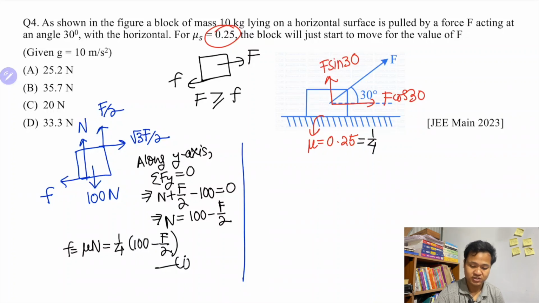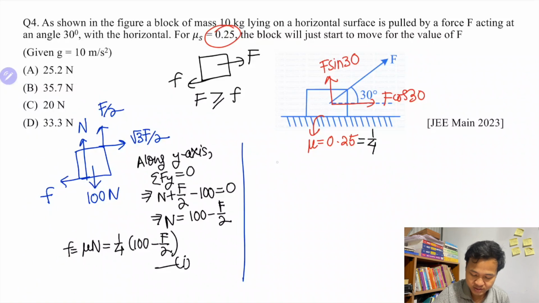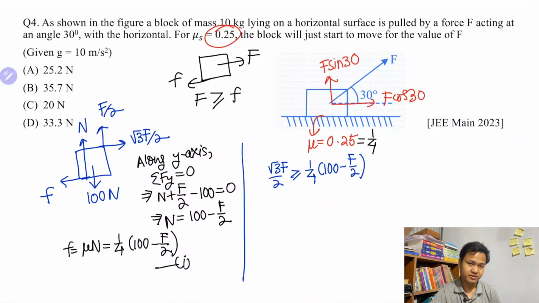Once this force becomes greater than this, the body is going to start moving. So once root 3 F by 2 becomes greater than or equal to 1 by 4 into 100 minus F by 2, then the body will start to move.